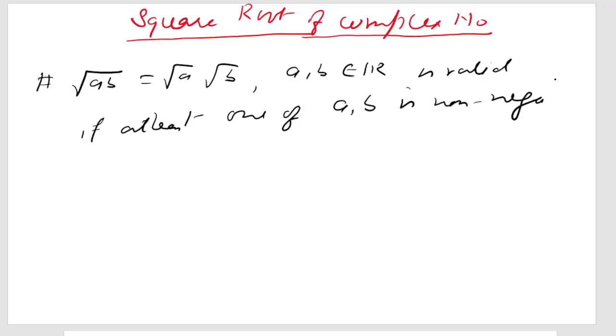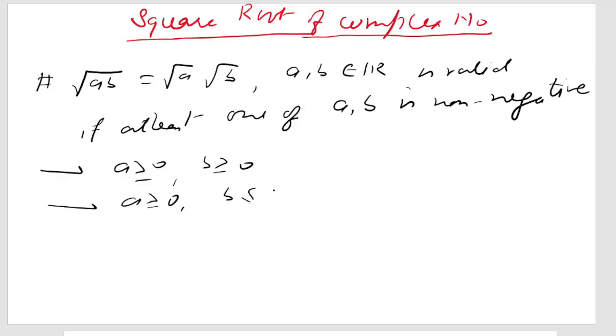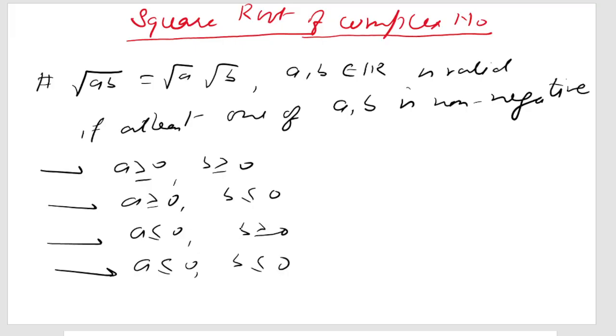That means this is valid if A is positive and B is positive. Also it is valid if A is positive but B is negative. It is also valid when A is negative and B is positive. But the important thing is this is not valid if A is negative and B is negative both.